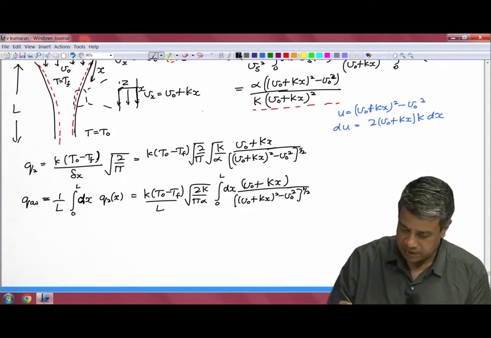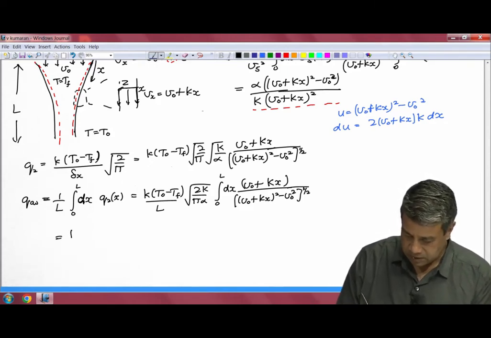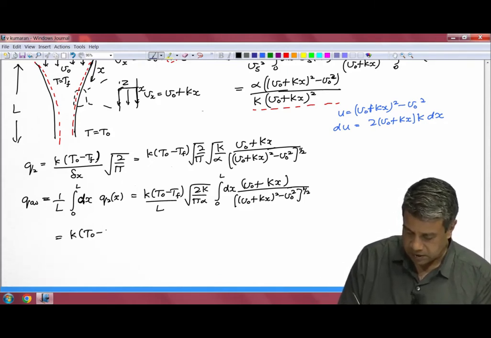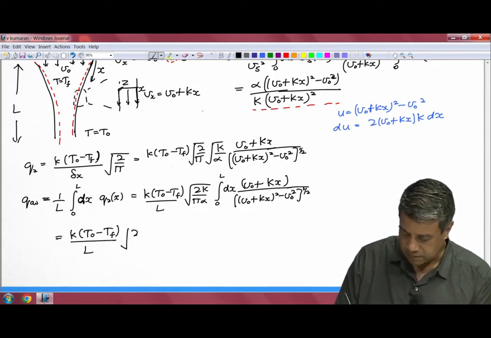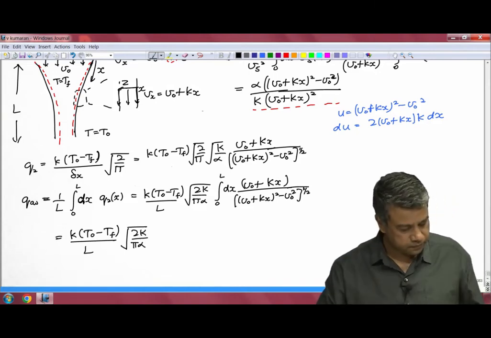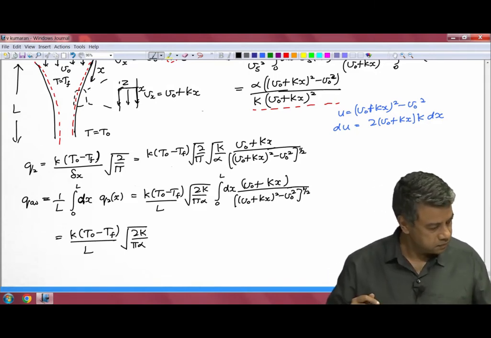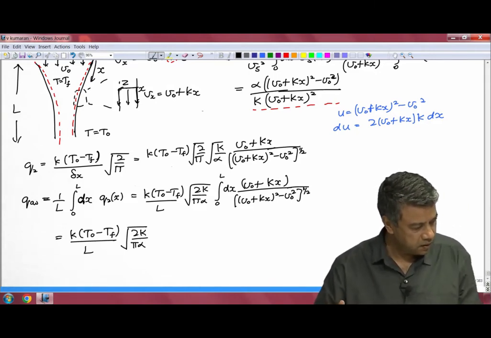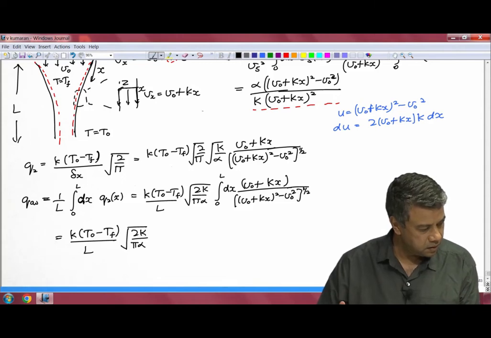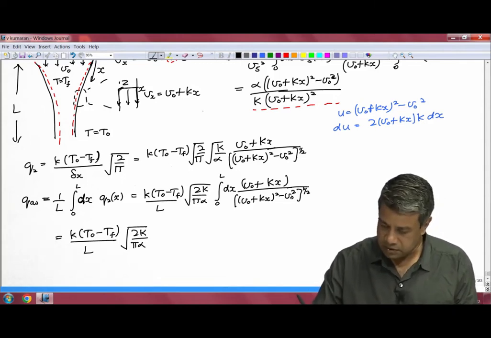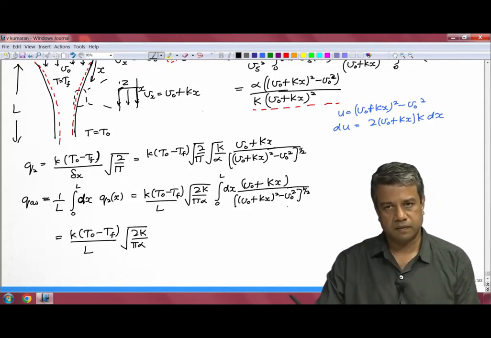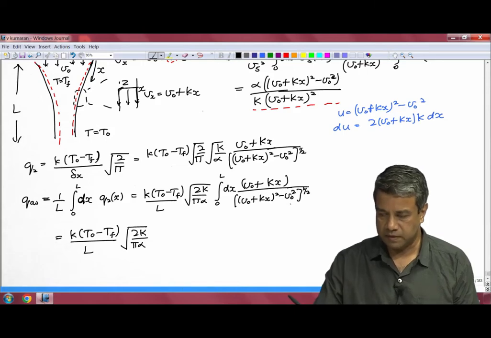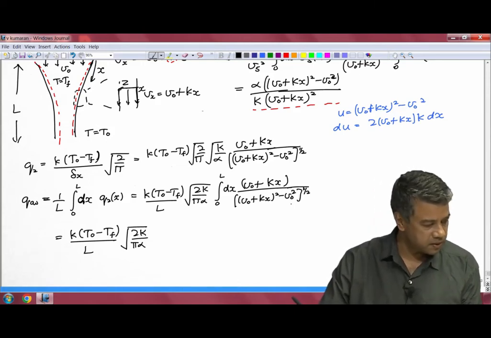Okay. So, this will be equal to k into T naught minus Tf by L root of 2k by pi alpha. And I have this u power minus half. Therefore, I will get 2 times u power half here.